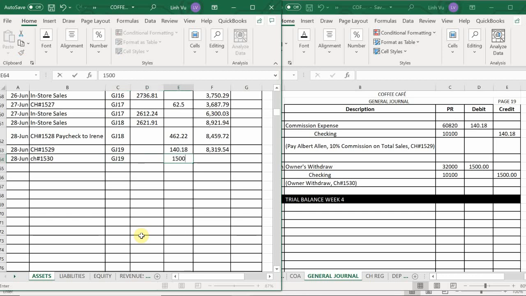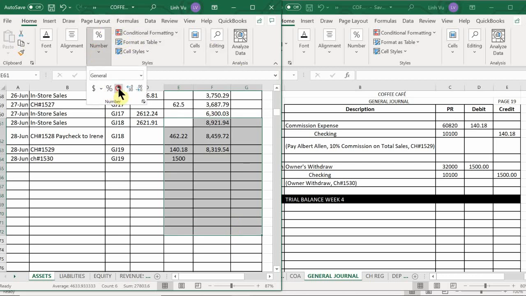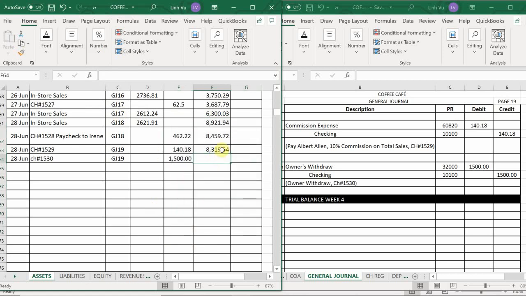And we withdrew $1,500. So then what is my ending balance in my checking account? I have 68,1954. Good.